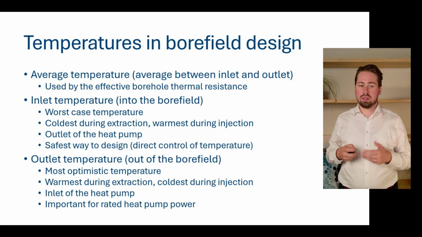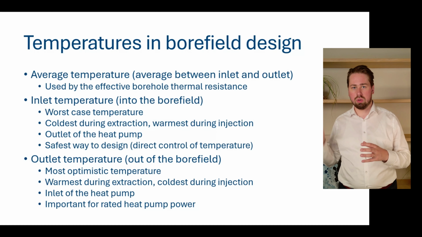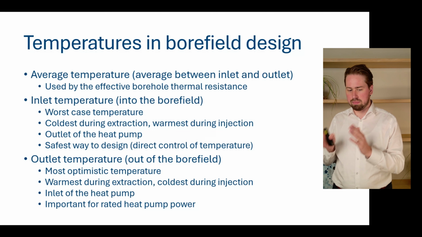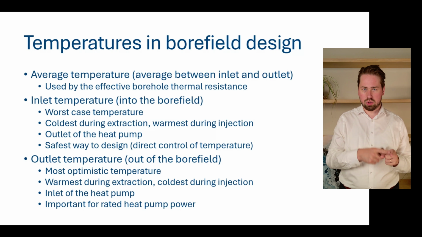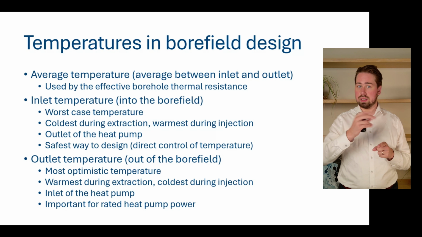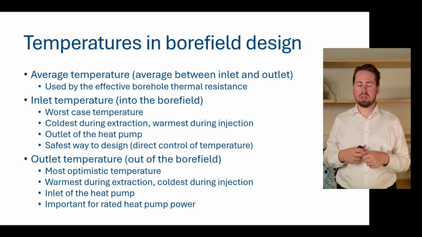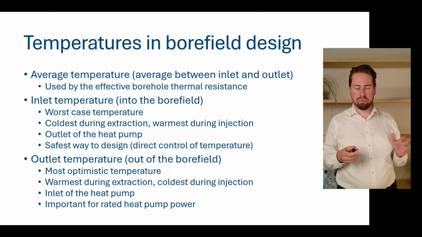These temperatures are the temperatures going into the heat pump, and they are important because our heat pump, at 5 kilowatt, 10 kilowatts, 100 kilowatts, has a certain rated power. And the heat pump can only deliver this rated power at certain inlet temperatures of the heat pump. So for example, typically residential heat pumps have a rated power at B0/W35, something like that.